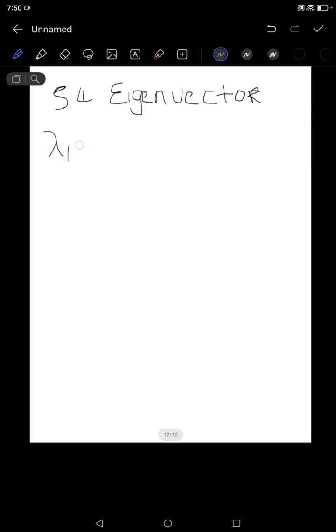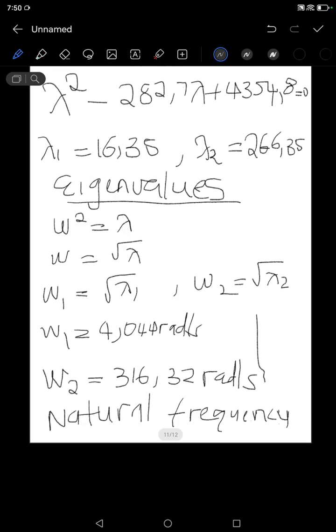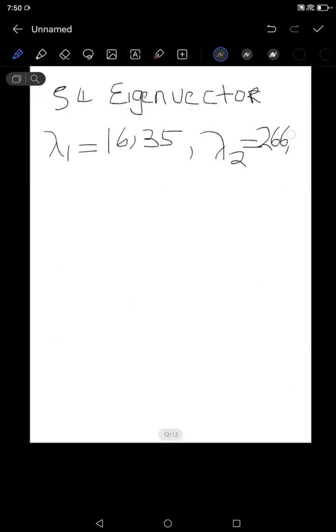Our eigenvalue was 16.35, we already determined it, and then this one was 266.35.